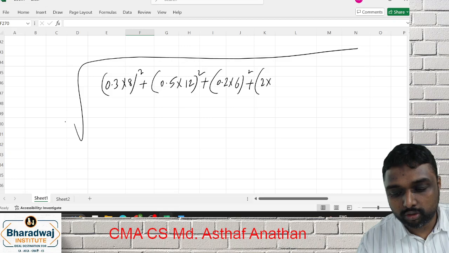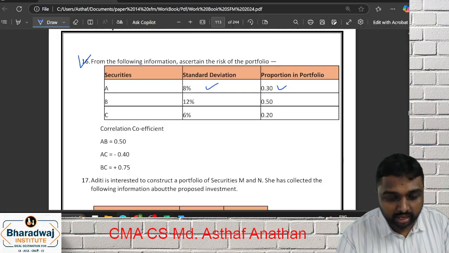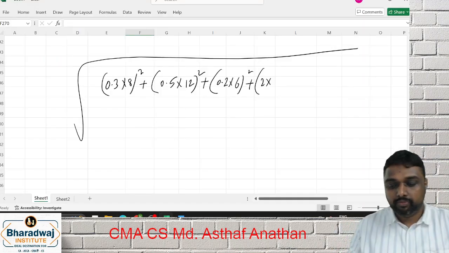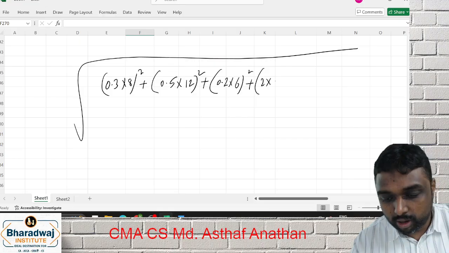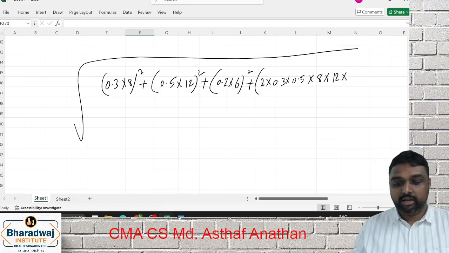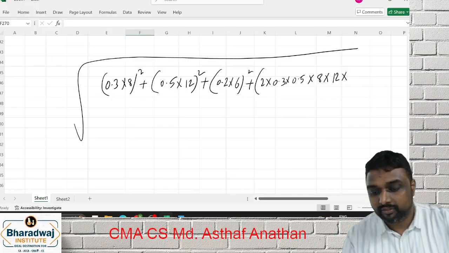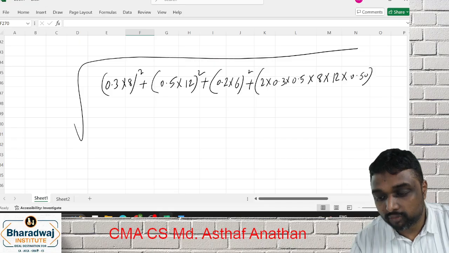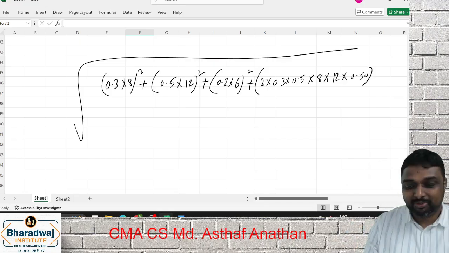Now you have to go for 2 into, first they are giving AB, so we'll go for AB: 2 into 0.3 into 0.5 into 8 into 12 into correlation, which they have given in the question as 0.5. This is only for the first one. Now you have to do the next.